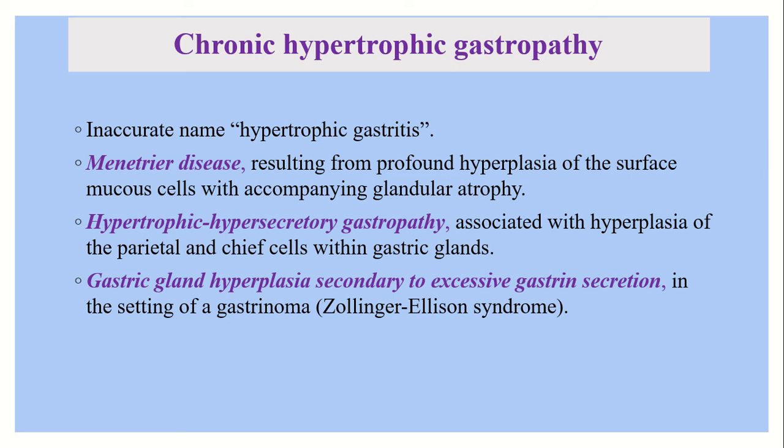One of them is Menetrier disease, resulting from profound hyperplasia of the surface mucosa with accompanying glandular atrophy. Second, hypertrophic hypersecretory gastropathy, associated with hyperplasia of the parietal and the chief cells within gastric glands, and the gastric gland hyperplasia secondary to excessive gastrin secretion, for example in the gastrinoma, in the Zollinger-Ellison syndrome.